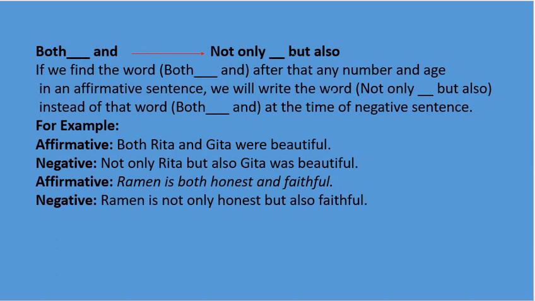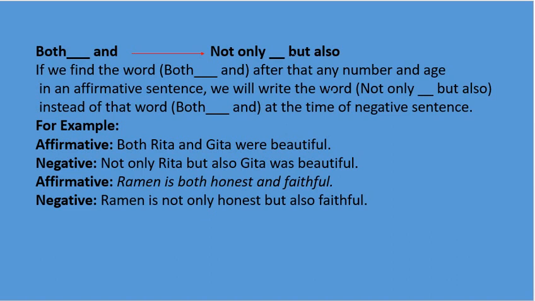Both and, not only but also. If we find the words "both and" in an affirmative sentence, we will write the words "not only but also" instead of "both and" at the time of the negative sentence.